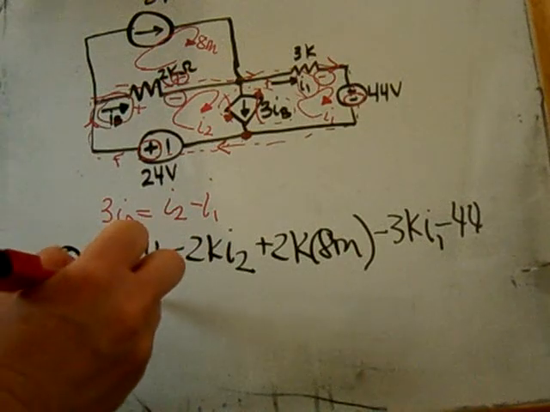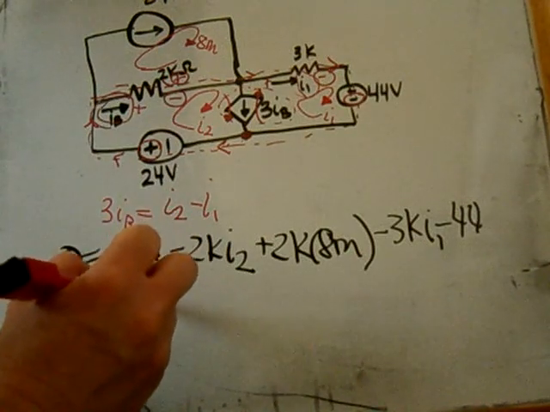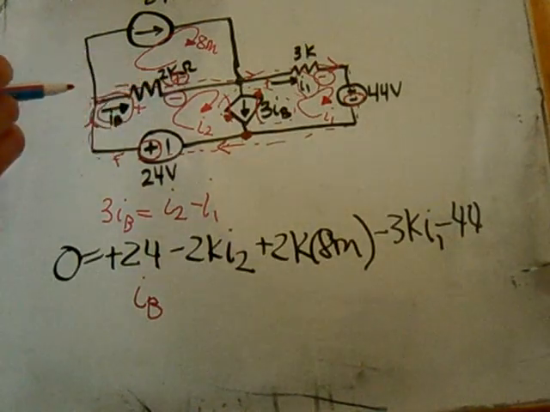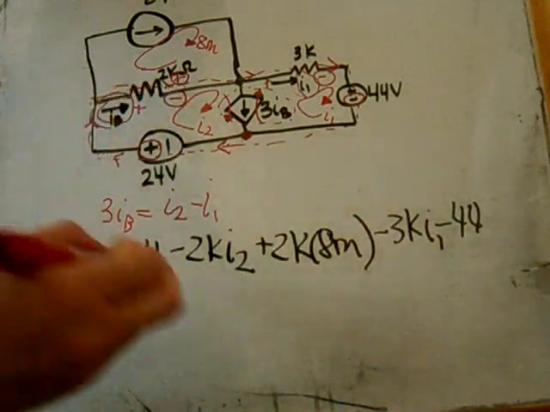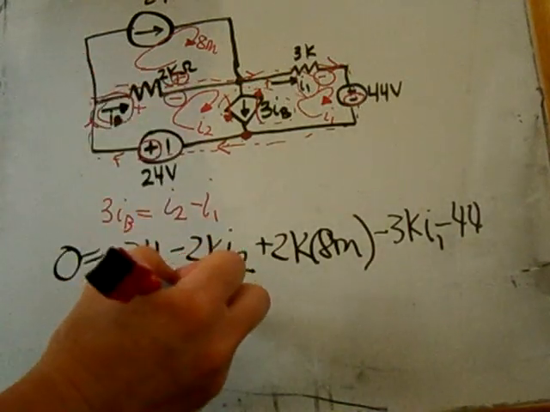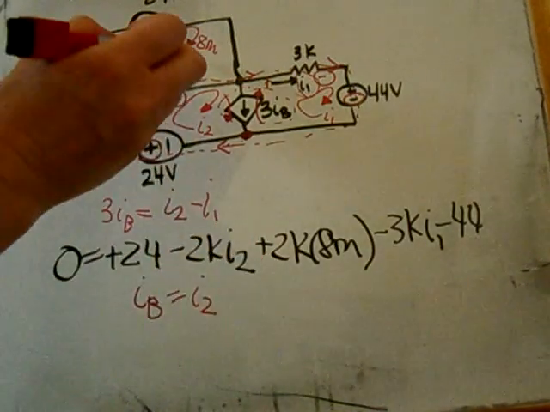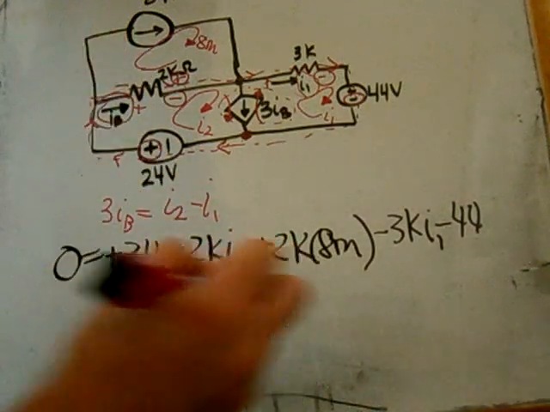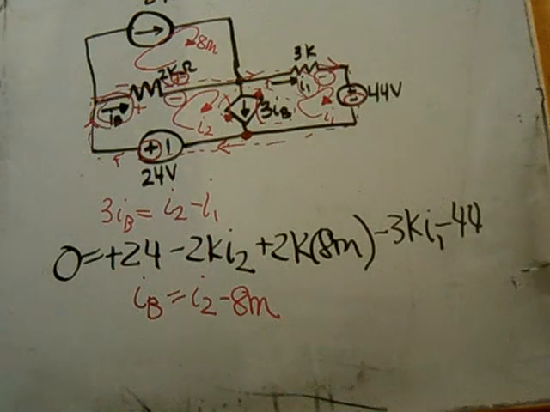So we can also write another equation for IB, which is going to be the mesh current going in the same direction will be positive, so it's equal to I2, which is going the same direction, and the 8 milli is going the opposite direction. So I2 minus 8 milli. And this will give us the three equations with three unknowns.